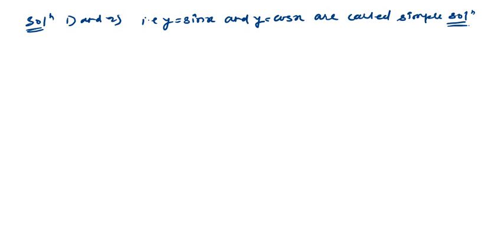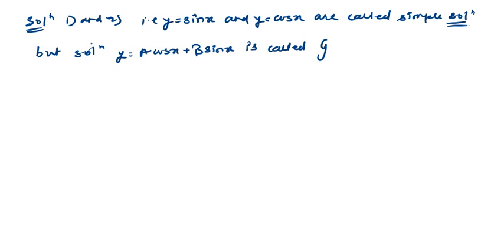But the solution y equal to a cos x plus b sin x is called the general solution.